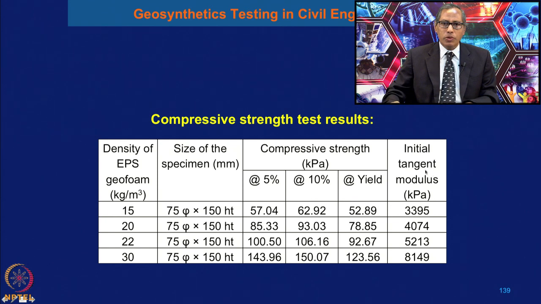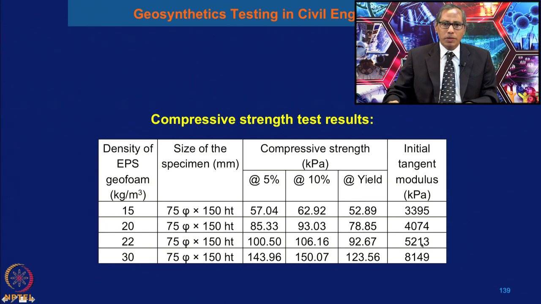You can also determine the initial tangent modulus under different densities of EPS geofoam. For the 15 kg per meter cube geofoam, the initial tangent modulus value is 3395 kilopascal. For EPS geofoam density of 20 kg per meter cube, the initial tangent modulus value is 4074.